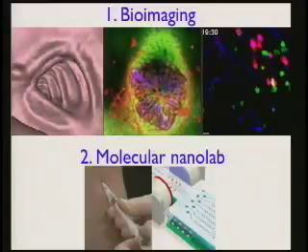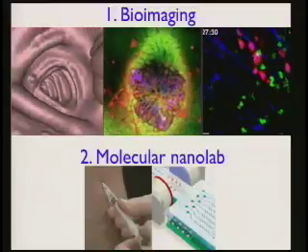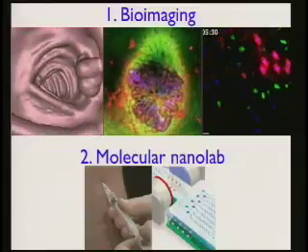So for the next 20-25 minutes, I will show you 2 or 3 examples in the bioimaging field where we have taken some of these concepts to make new agents, new imaging technologies to identify, pinpoint, characterize, and diagnose cancer. And then I will follow up in the last 10 minutes on some of the very recent developments in this molecular nanobiology.